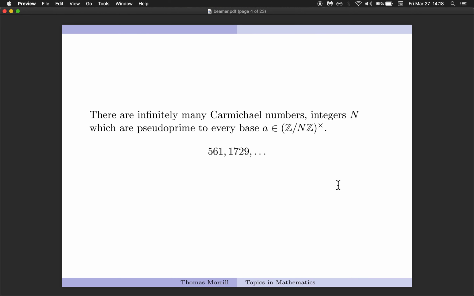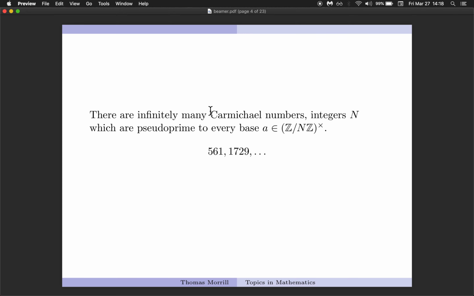The problem we ran into yesterday is that there are some numbers that will always be pseudoprime no matter what residue a we picked. Now there's two names for this in common usage. You could say that these are the absolute pseudoprimes. They are pseudoprime for every single test you could possibly throw at them.